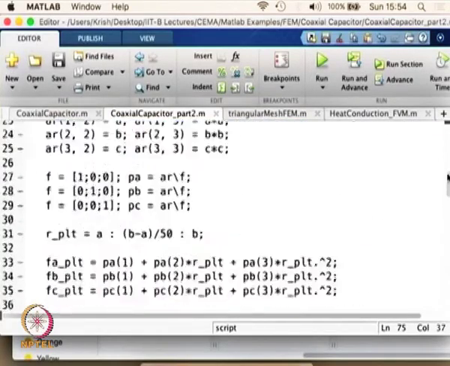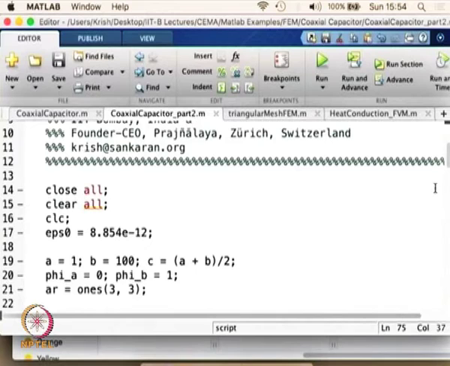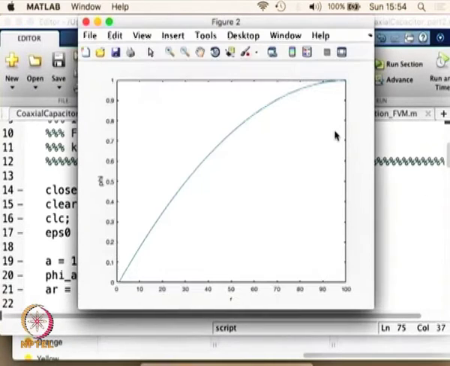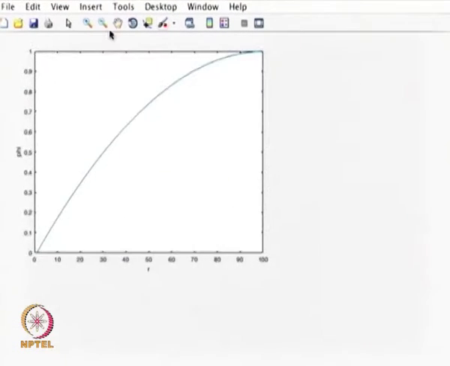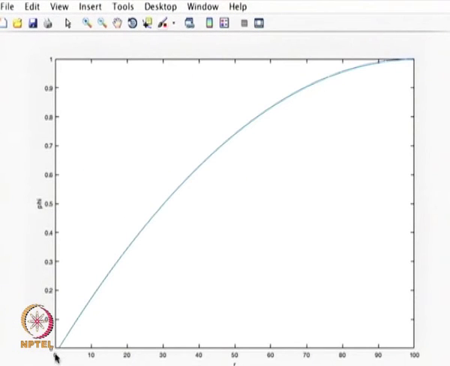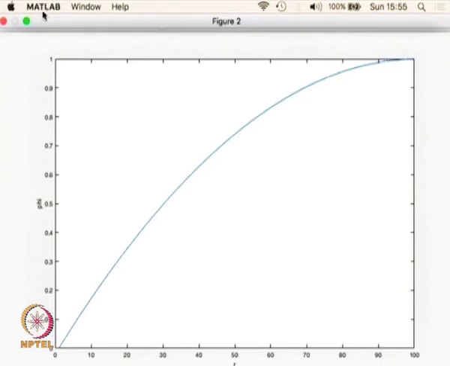So once we run this for the problem on hand, we will be able to see how the code is behaving. So what you see here is the potential goes from 0 to 1, and it follows a kind of a curve. It is not linear like before, and the value is also computed for the geometry that we have chosen.